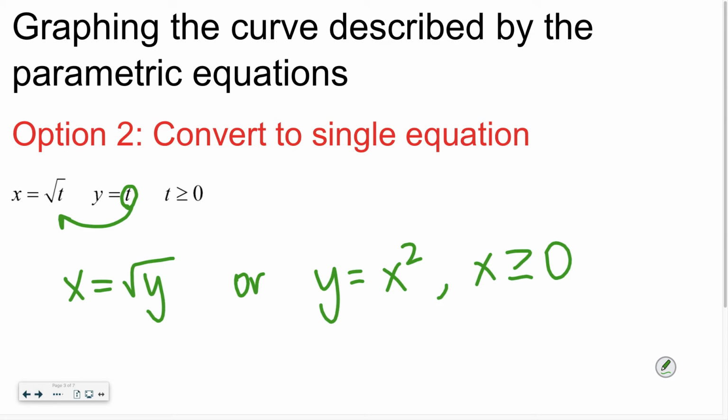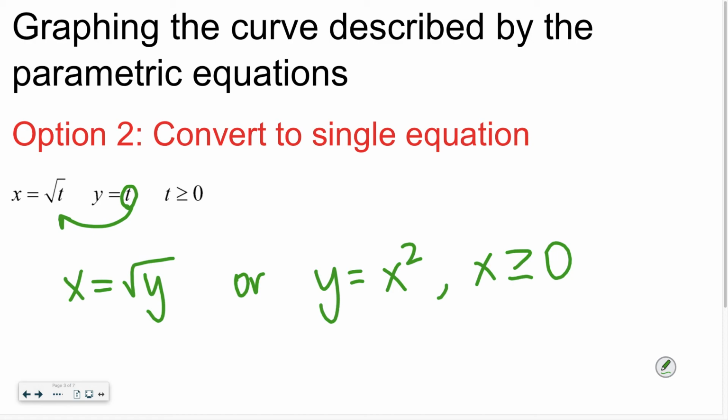If you plug in -1 equals square root of y, you're going to get y equals 1. I understand what you're saying. We cannot, because there is nothing we can plug into t to get x to be negative.